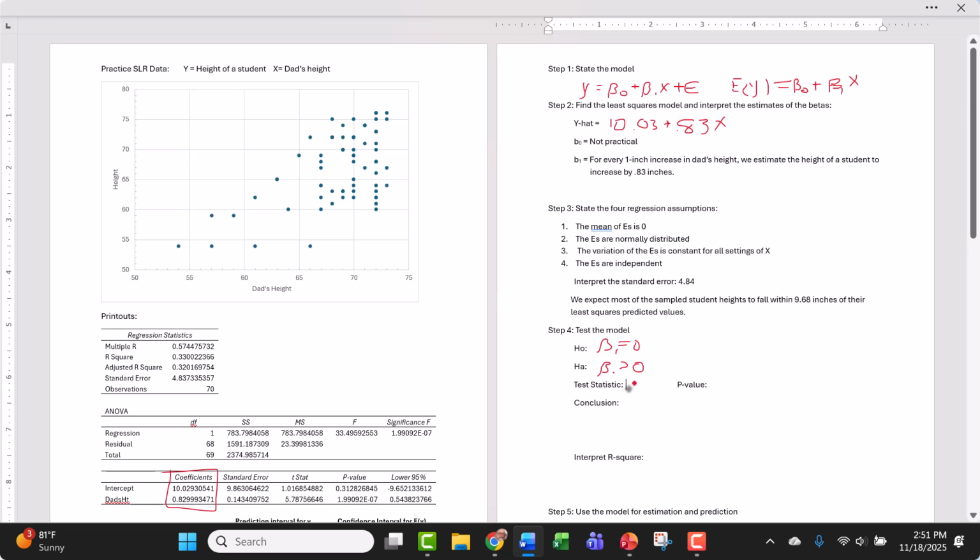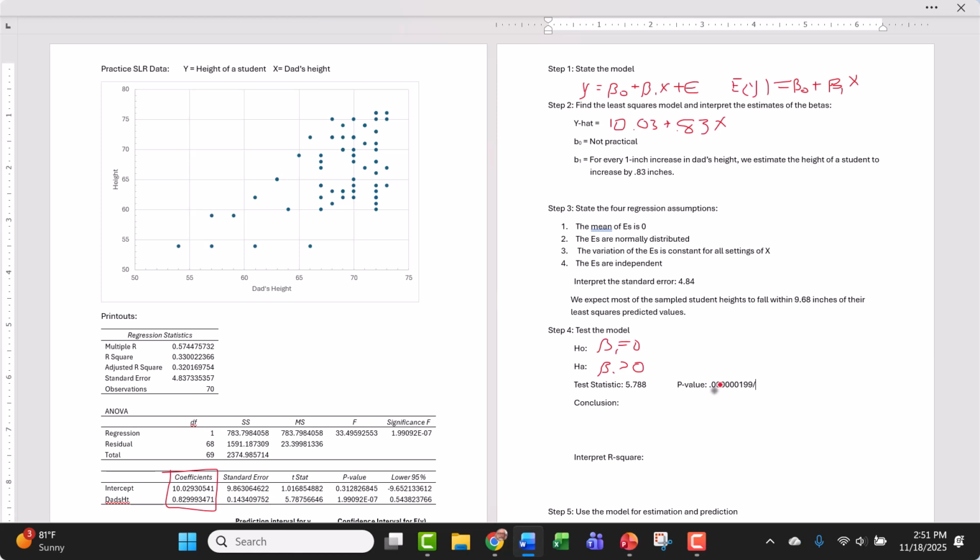So in this case, the test statistic is 5.788. And the p-value here, you see that E-07. We move that decimal over 7 places, so you get 0.0000199.